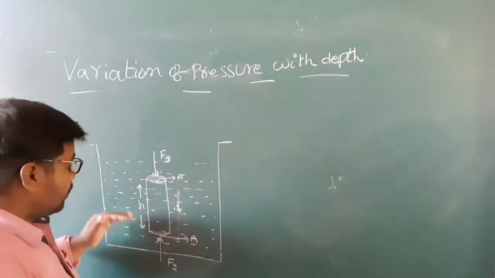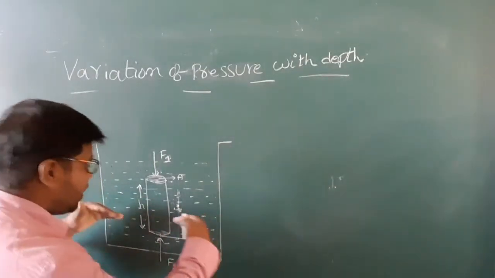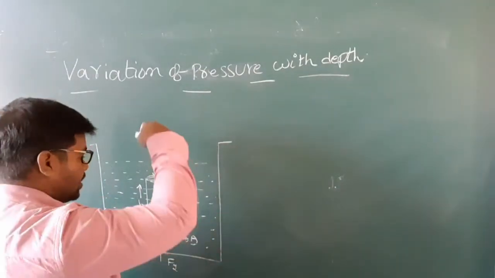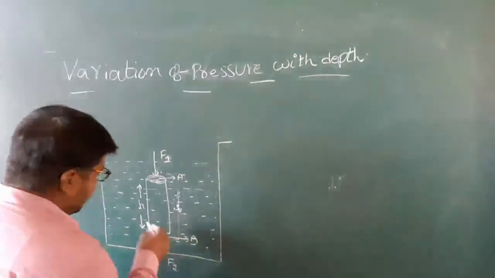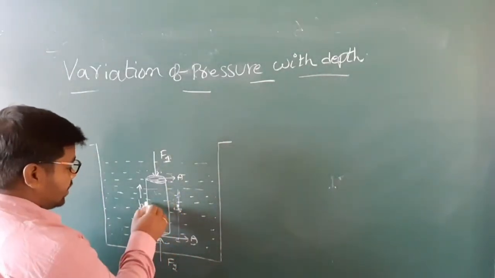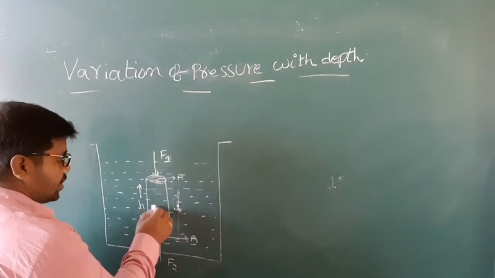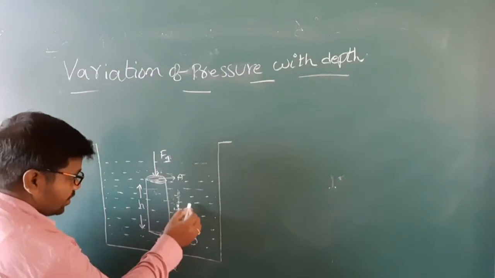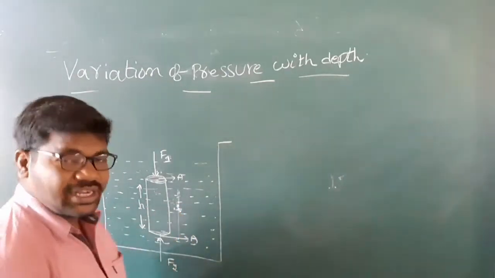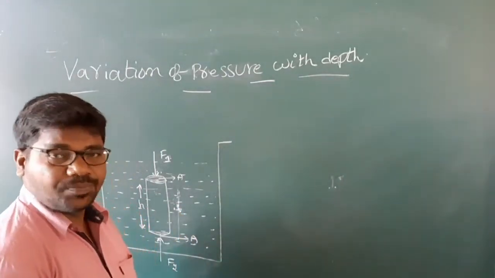Understand my children? In this way, sideway pressure is also there. Pressure acts upward, downward, and sideway. The pressure at the same point, at the same height, is the same. So both side pressures get cancelled.